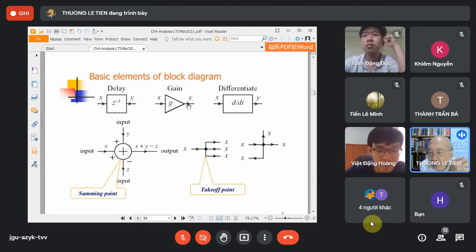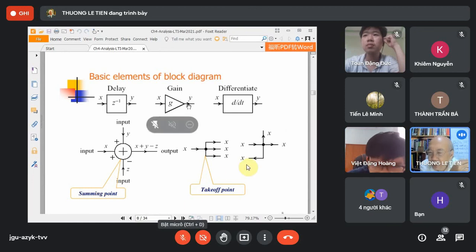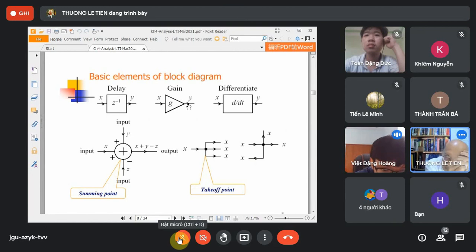Did you learn about the Z transform? Yes or no? Can you repeat? I can hear you. Well, you asked me to repeat many times.